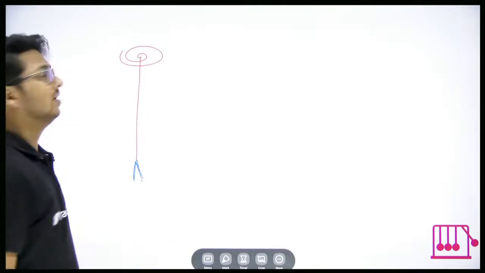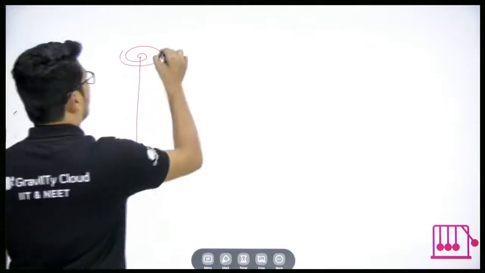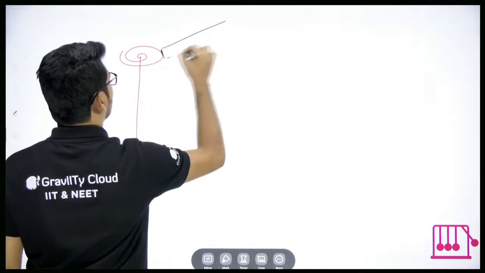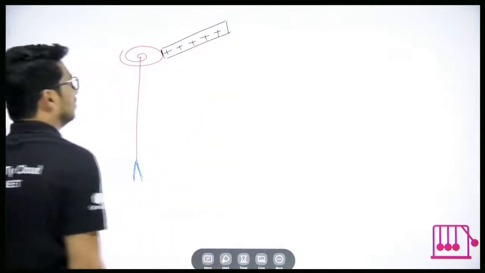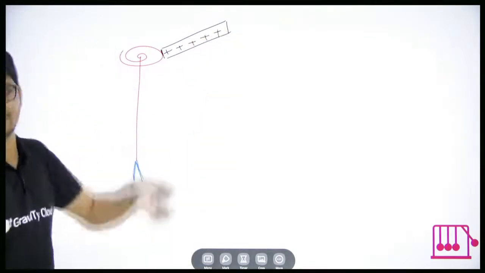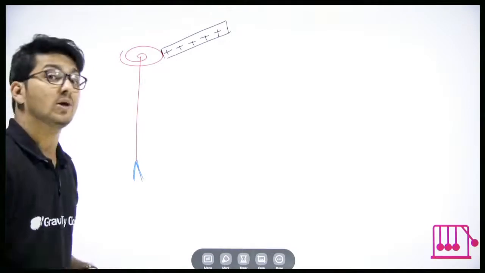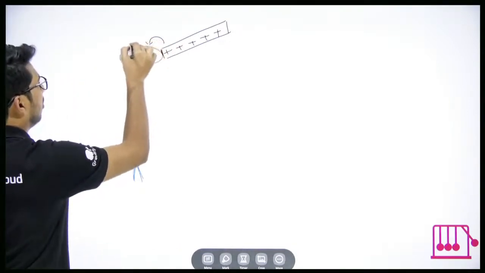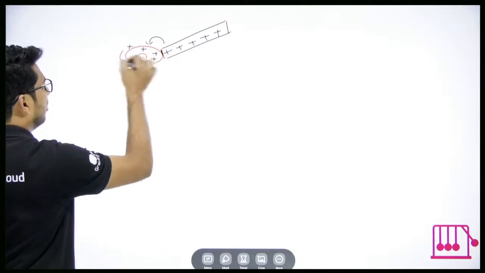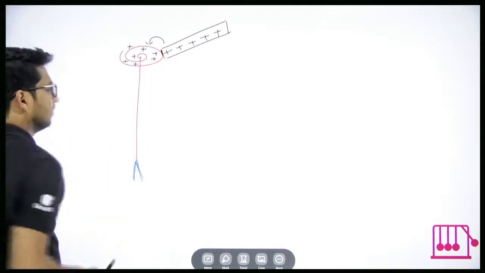Simple case. Now, when you touch it with a rod, let's say the rod is positively charged, because of charging by conduction, the charges flow onto the coil or the disc.